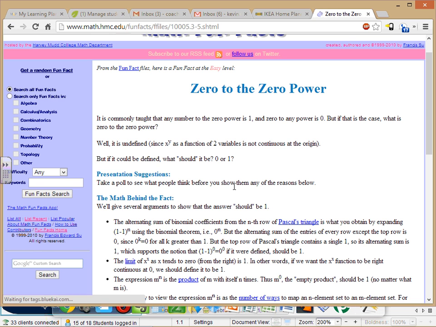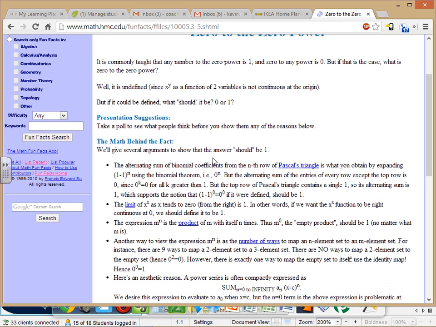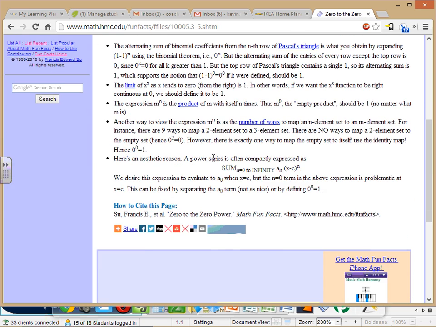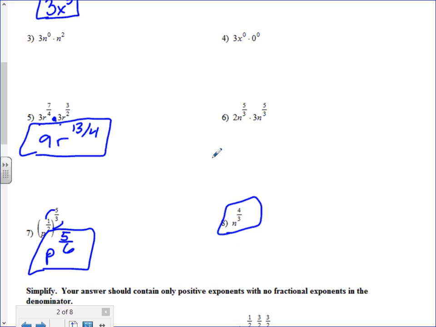Yeah, I thought it was 1, but let's make sure. But if that is the case, what is 0? Well, it is undefined. So 0 to the 0 power is undefined. You're right. That's why I looked it up, because I said I can be wrong. I'm not perfect.